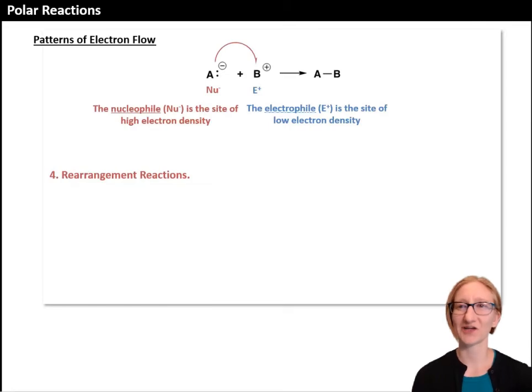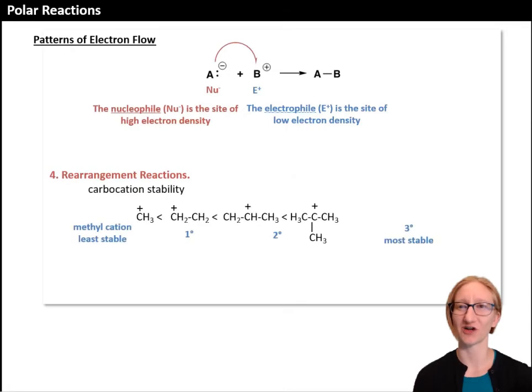The fourth and last category of reactions that we'll look at are rearrangement reactions. And remember that these are reactions in which a single reactant undergoes bond rearrangement to form a new product. And for polar reactions, our most common type of rearrangement reactions are carbocation rearrangements. So remember that a carbocation is a positively charged carbon.